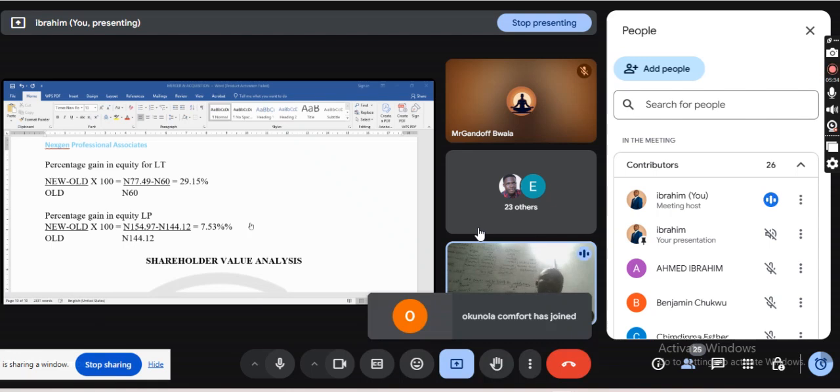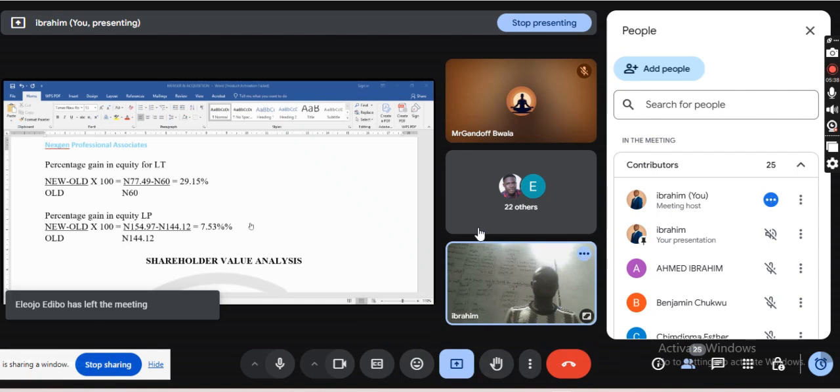Another driver is the tax being paid. If the company pays higher tax, it could affect the shareholders' wealth. Why?